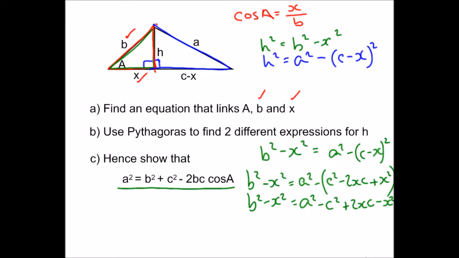Now I can get rid of my x squareds because I've got a minus x squared on both sides. So if I add x squared to both sides, I'll get b squared equals a squared minus c squared plus 2xc. This is starting to look a lot better.